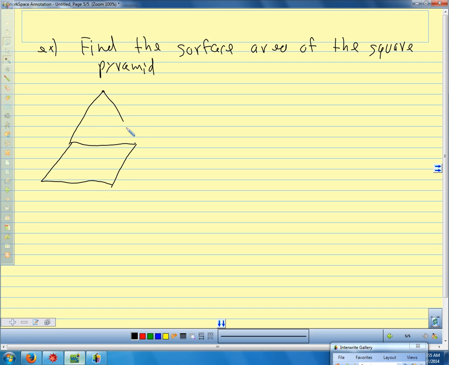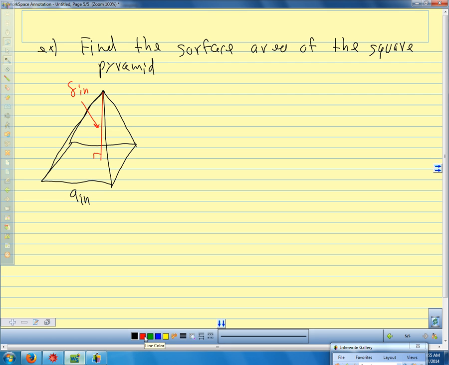So I'm drawing my square pyramid. And we have this side is 9 inches. And I know my drawing's not perfect. This is 8 inches. And we want the surface area.